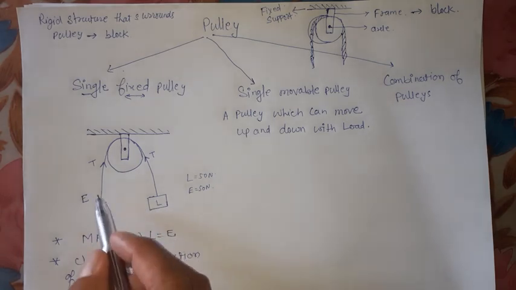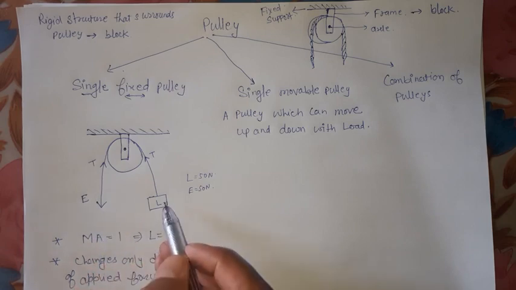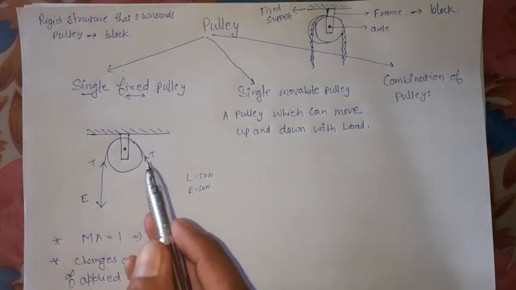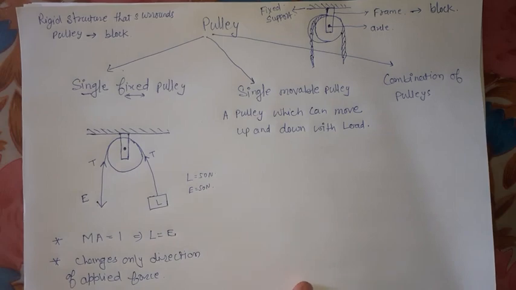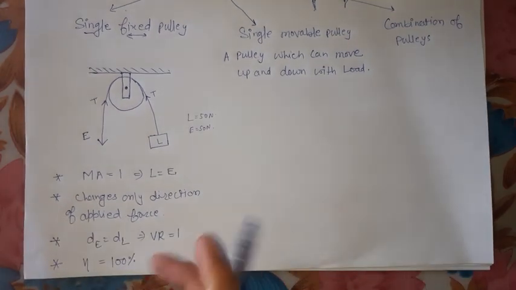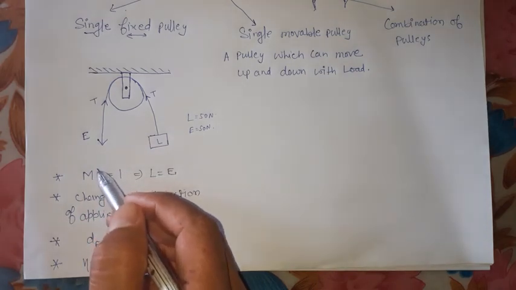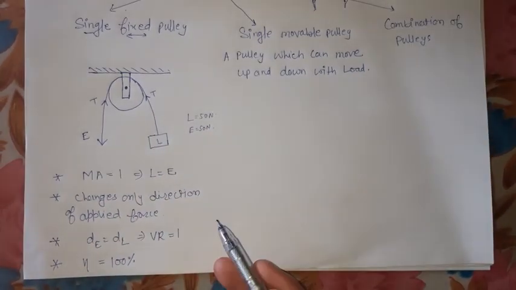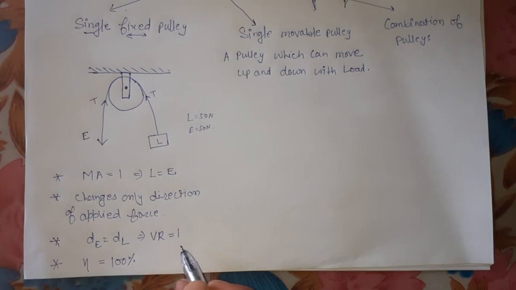We were applying the effort downward, and the load was going upward. We also said the velocity ratio is equal to 1, because the displacement of effort equals the displacement of load. So the velocity ratio was 1 and the efficiency was 100%.